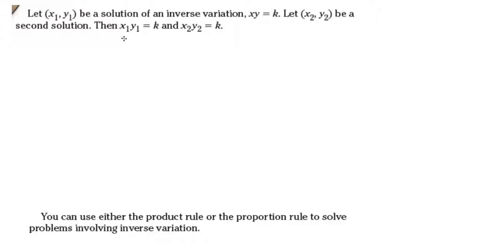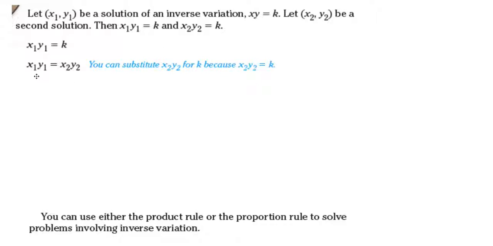Then we know that x sub 1 y sub 1 equals k, and x sub 2 y sub 2 equals k, because those are both solutions. If we equate them to each other, we substitute x sub 2 y sub 2 for k, because they are equivalent.